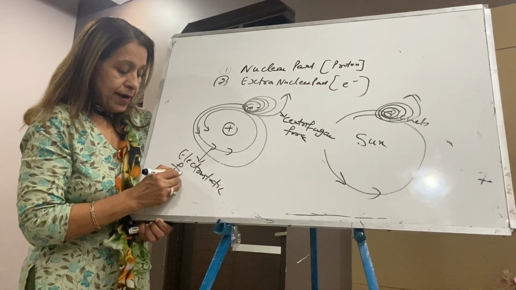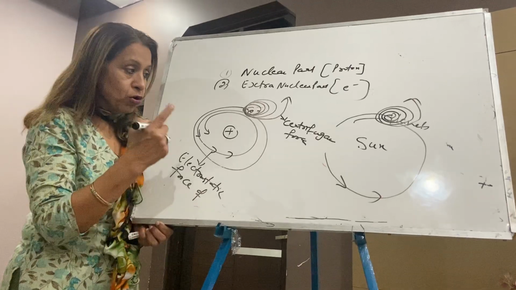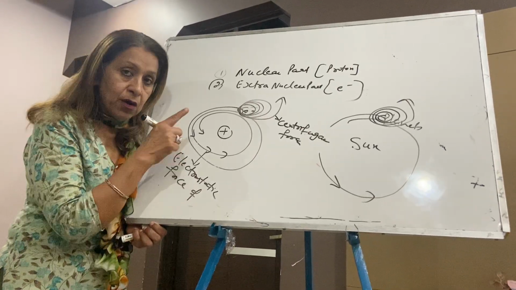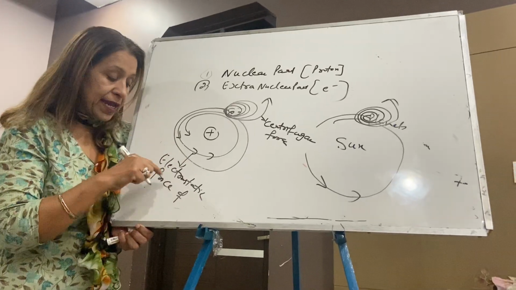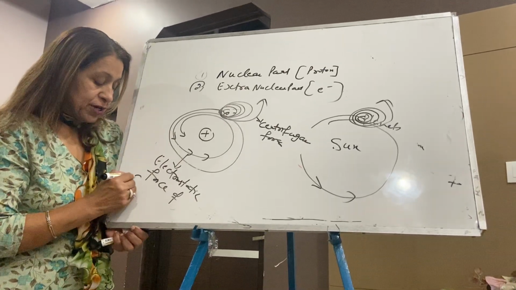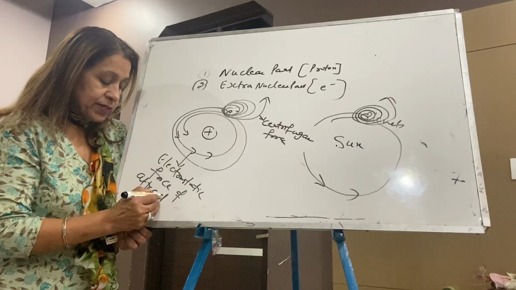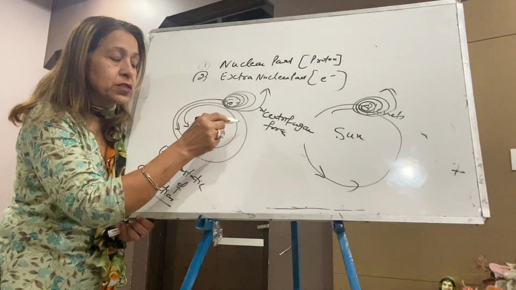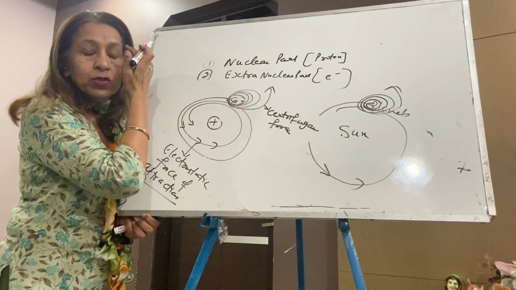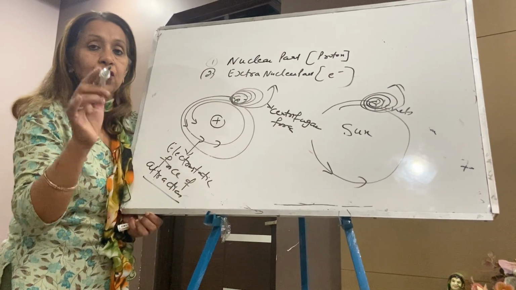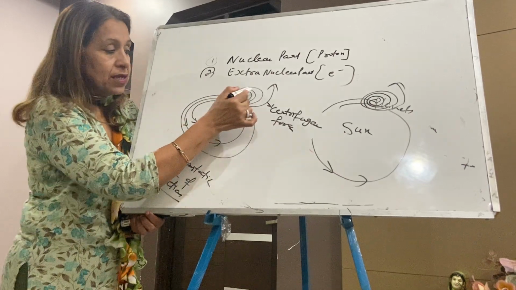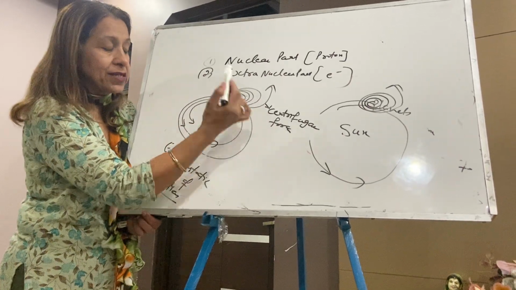Write down electrostatic. So during the motion of the electron, two forces come into play. When the electron moves around the nucleus, one force acts inward, the electrostatic force of attraction, and the other is the centrifugal force, which acts outward. So students, you can write that the electron not only revolves around the nucleus but also rotates on its own axis.